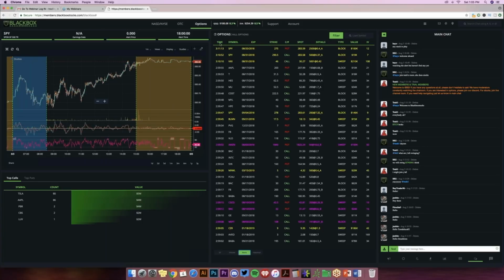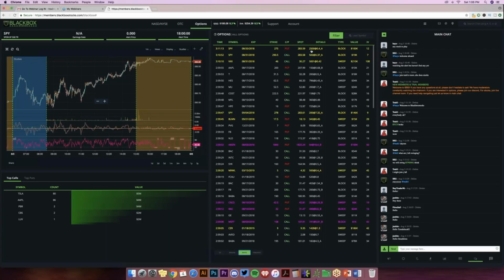So up at the top, in these columns, you've got when the trade is coming through, the ticker, the expiration of that particular option, the strike price of that option, whether it's a call or a put, and when that trade came through, what was the price of the ticker? That's what the spot price is.